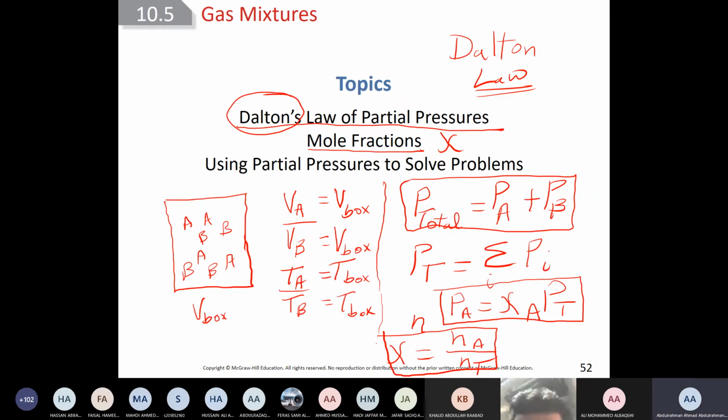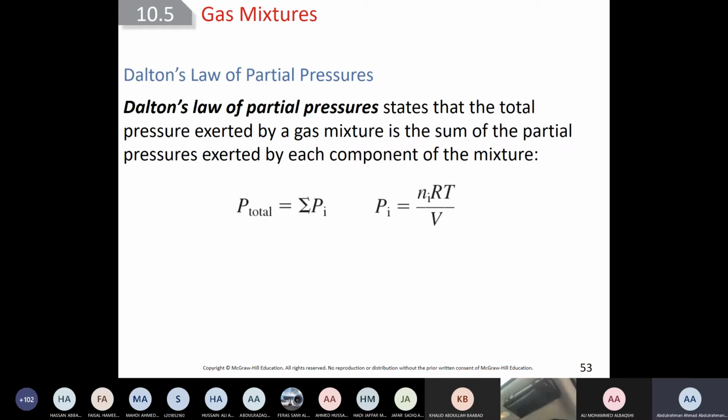Okay, I will give you everything. Dalton law says that P total is equal to the summation of Pi. This means the pressure of each component in the gas.